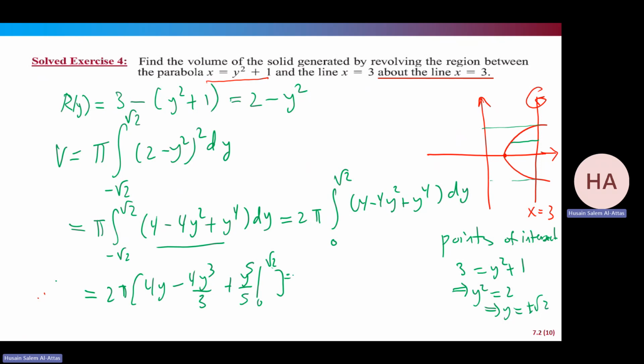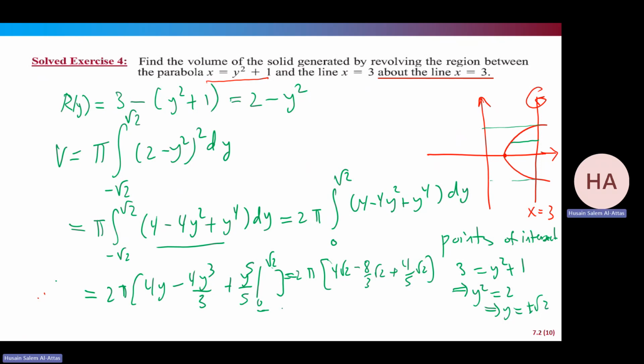Okay, that gives me what? 2 pi. Now make it from 0, that means no need to substitute, 0 will be 0. That will be 4 square root of 2. I have what? Y cubed, square root of 2 cubed, it will be 2 square root of 2. So that means minus 8 over 3 square root of 2. Here I have what? Square root of 2 to the power 5. Square root of 2 times square root of 2 to the power 4, which is 4. So it will be plus 4 over 5 square root of 2.